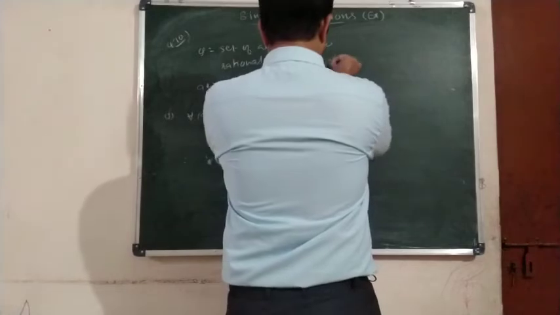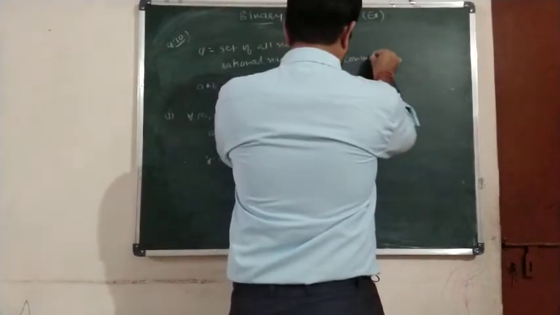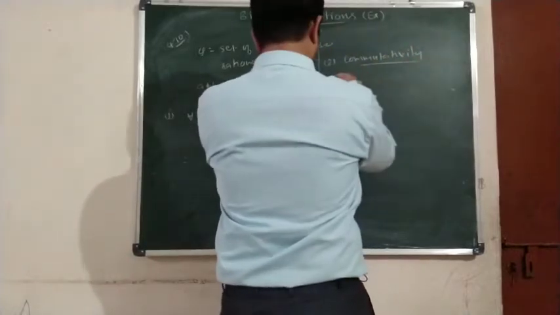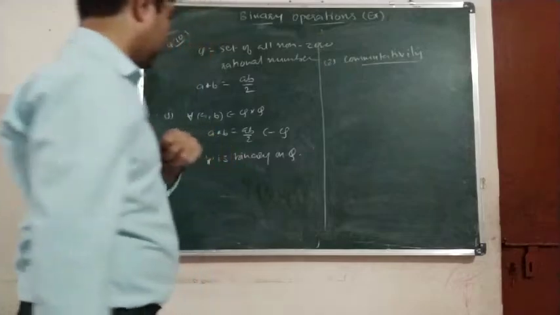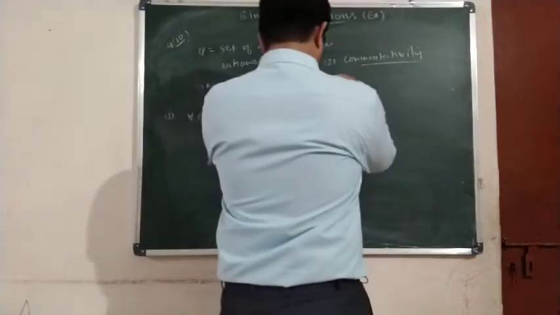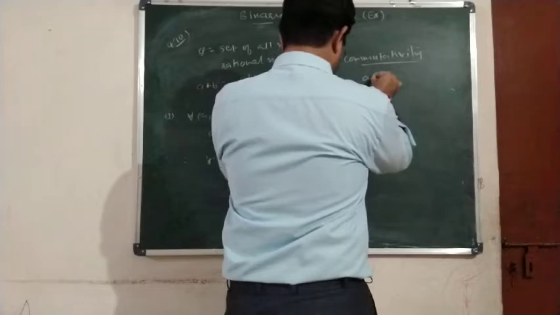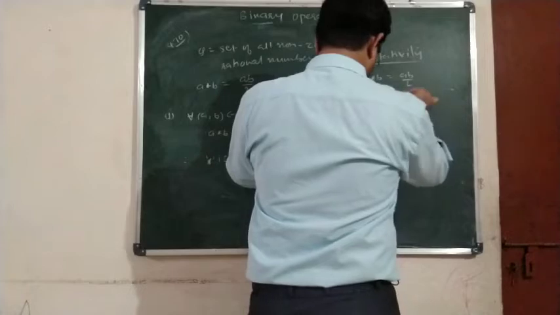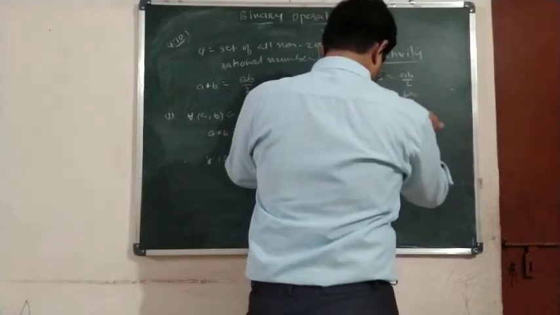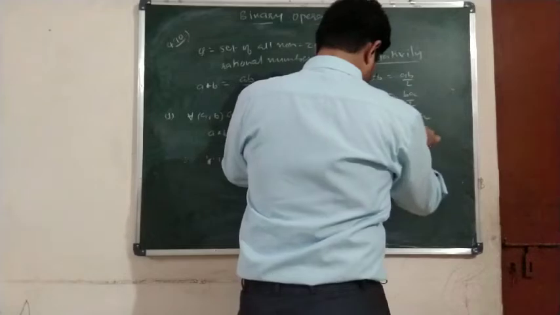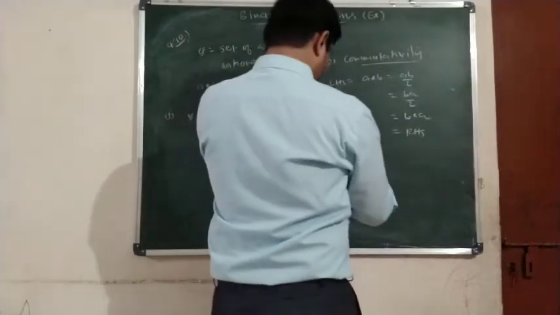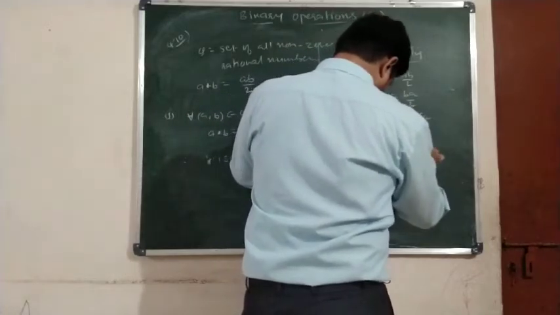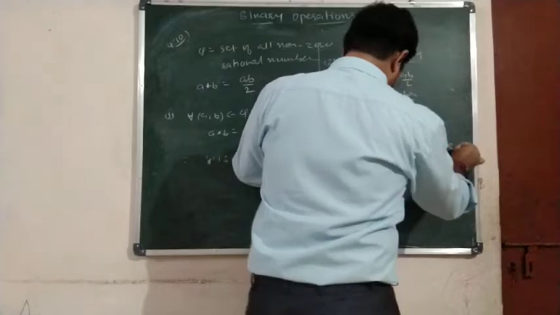Okay, now second one, commutativity. LHS is equal to A asterisk B is equal to AB by 2 is equal to BA by 2 is equal to B asterisk A is equal to RHS, and therefore asterisk is commutative.